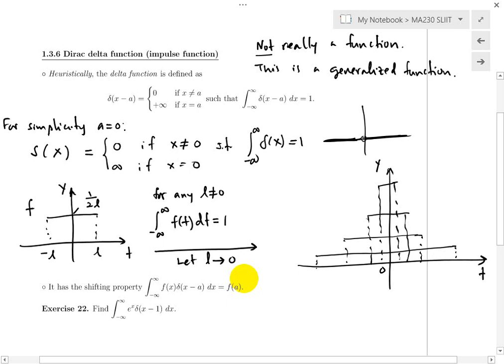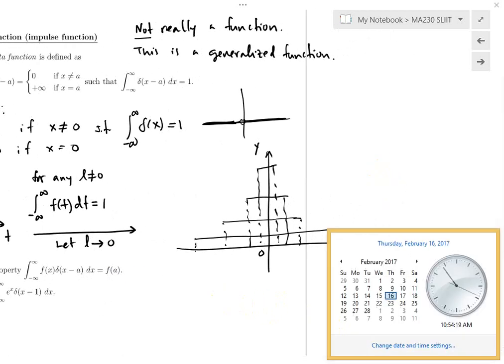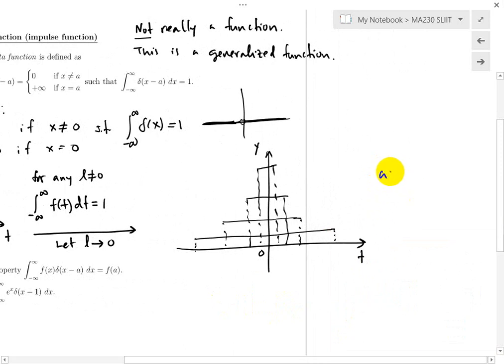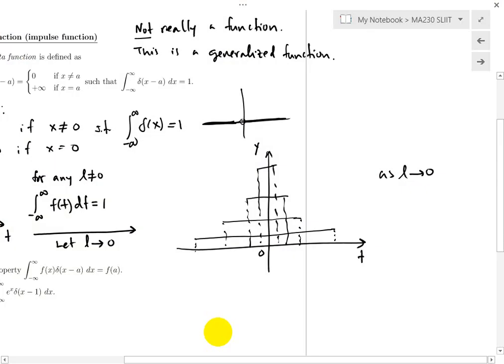So the limit, what we call the limiting distribution, will be the delta function. As L approaches 0, you get what you call the delta function.